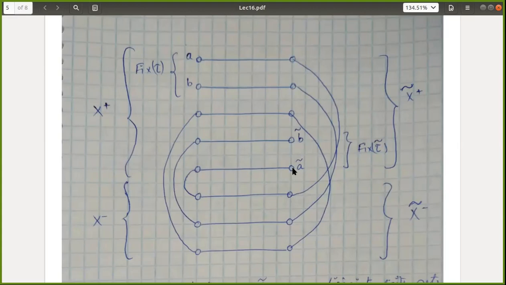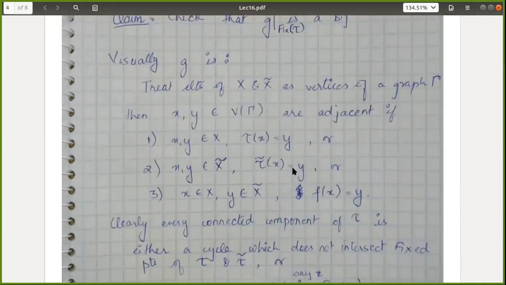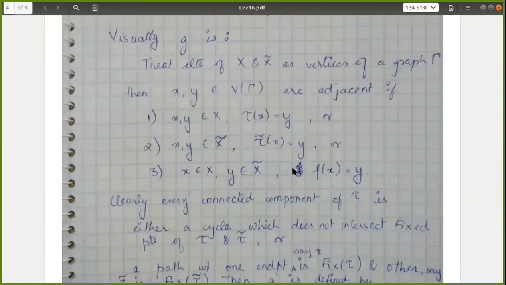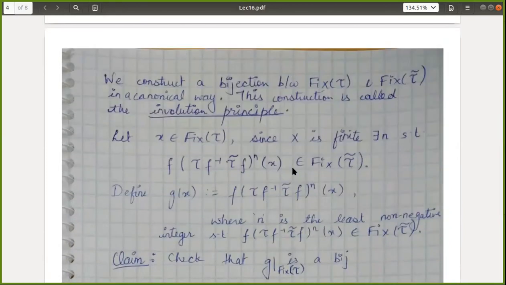So the first time you hit the fixed point of tau tilde is how you define your function g here. That is what you define your g of x to be.